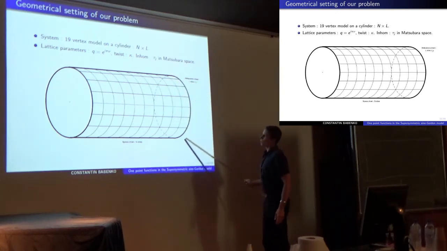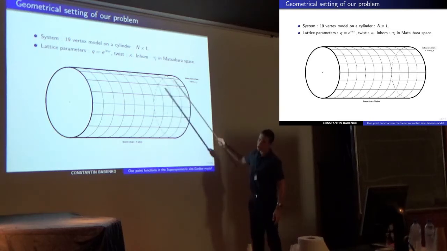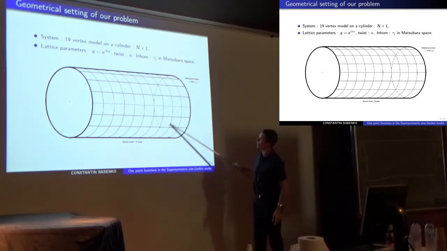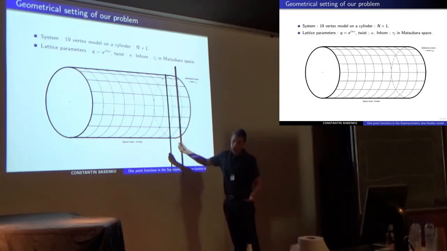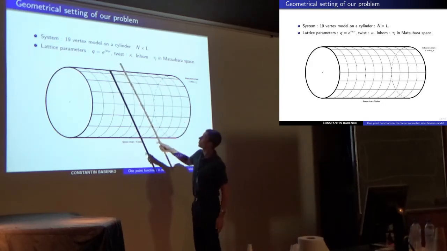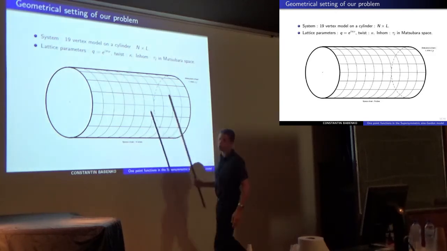Here on each line you have an inhomogeneity tau J. When you go around this cycle, there is a twist kappa, and the parameter of this 19-vertex model is called nu, or also you will see Q.